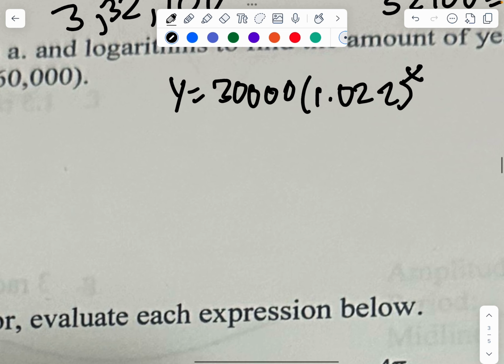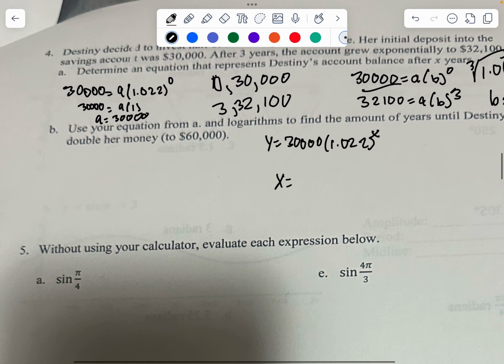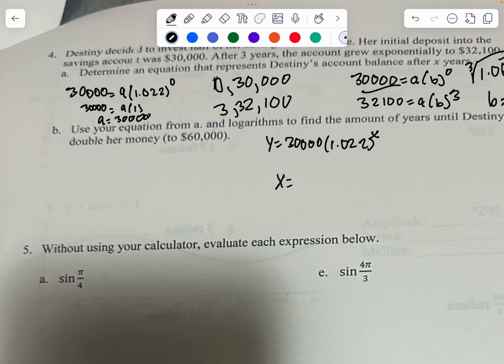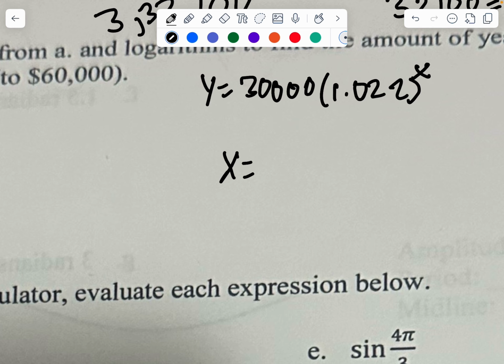Alright, so we want to find x is equal to log base 1.022 of 60,000.